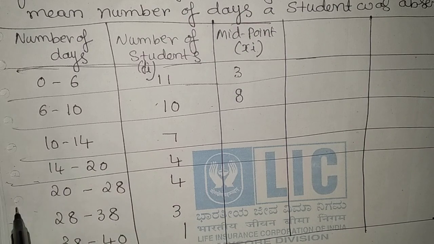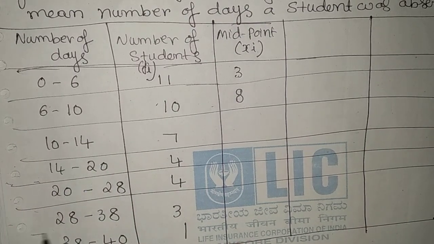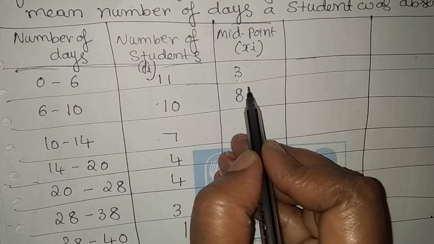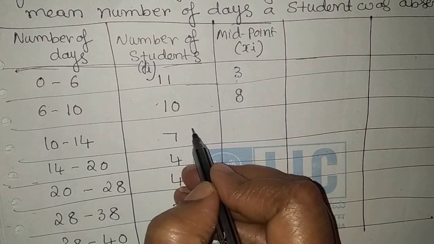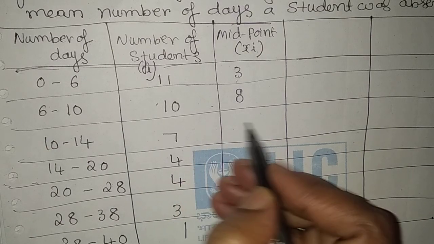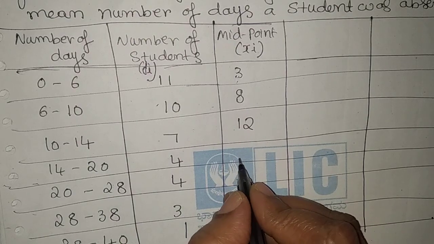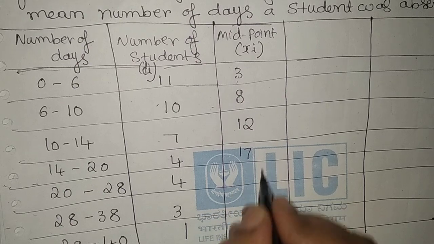Draw the line and write it in table form, so you won't get confused. Then 10 to 14 will be 12. 14 to 20 will be 17.